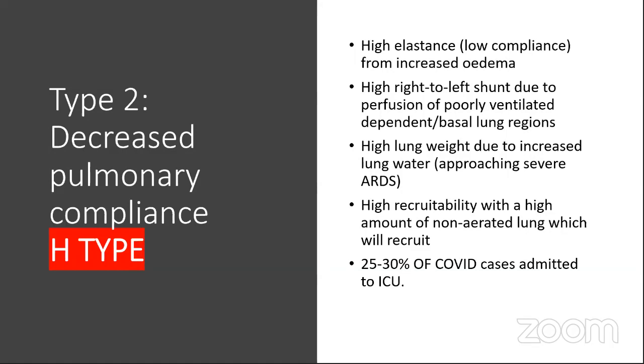Type 2 is similar to our typical ARDS patient, labeled as H type. The patient has low compliance from increased edema. Of course there is right to left shunt, which adds more to the ventilation perfusion mismatch. Because of too much edema and inflammatory mediators, the lungs are heavy, and there is little area for good gas aeration.